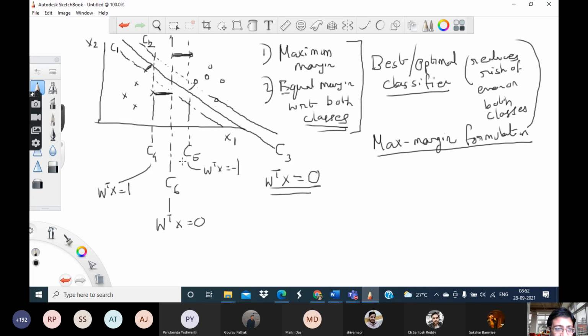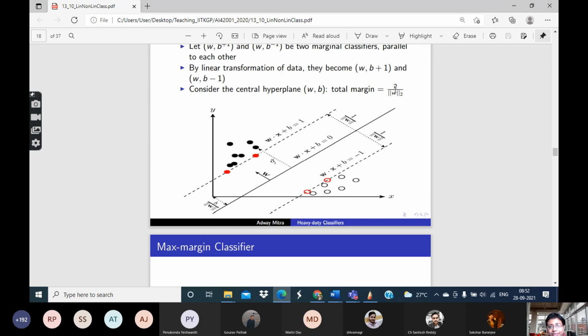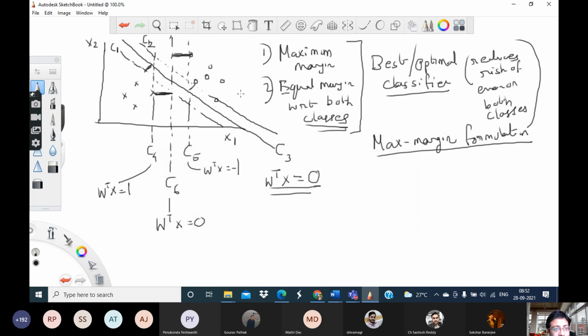From the knowledge of coordinate geometry, you can understand that this distance is going to be 1 by the L2 norm of W, and this distance is also going to be 1 by the L2 norm of W. This is basic coordinate geometry, so you all know how that is.